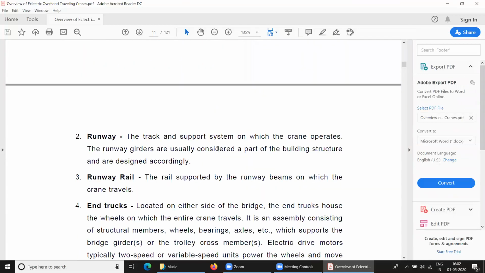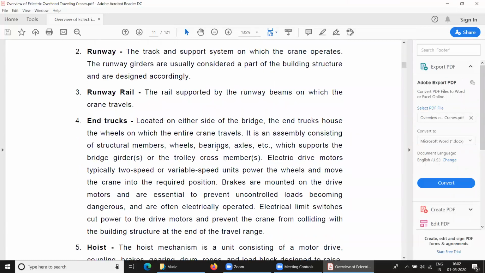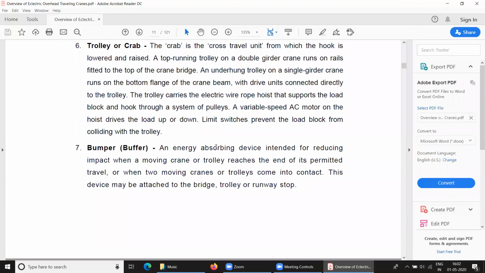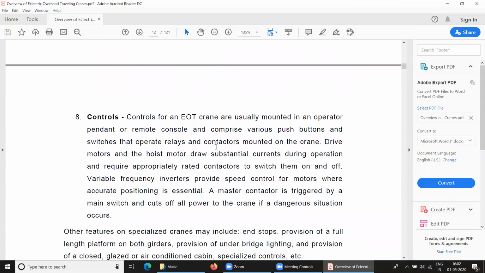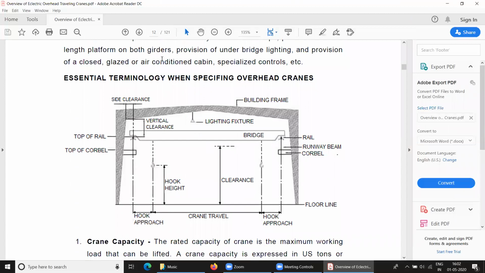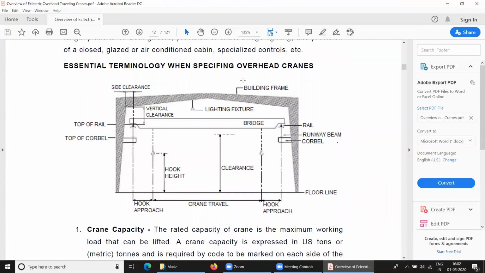Bridge, runway rail, end trucks, hoist, trolley or crab, bumper or buffer, controls: essential terminology when specifying overhead cranes.